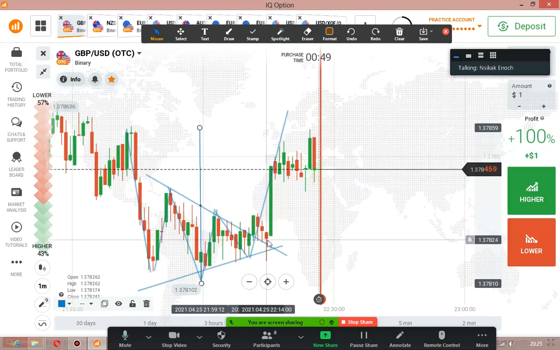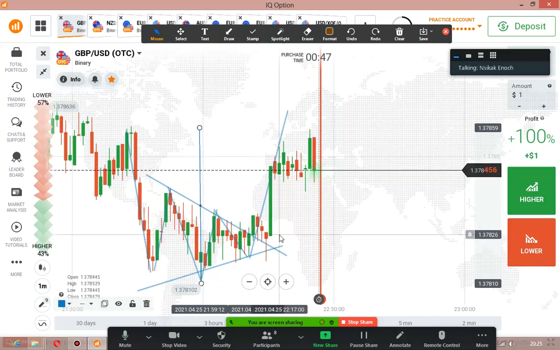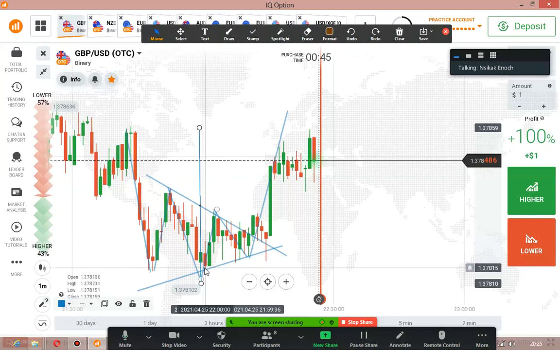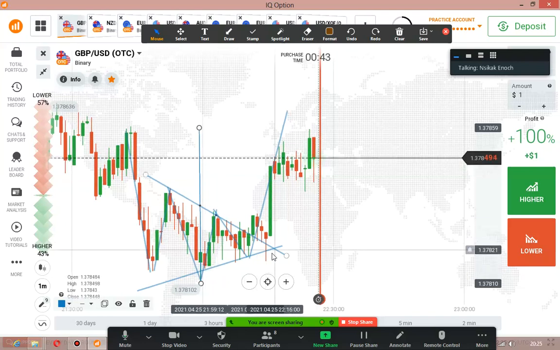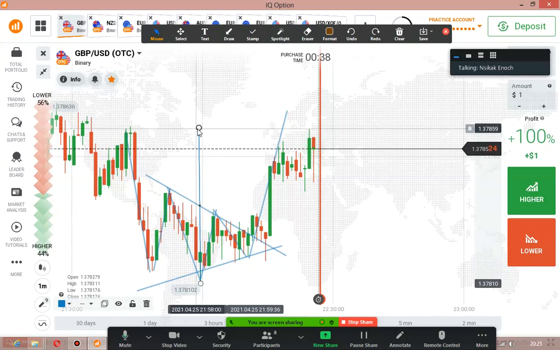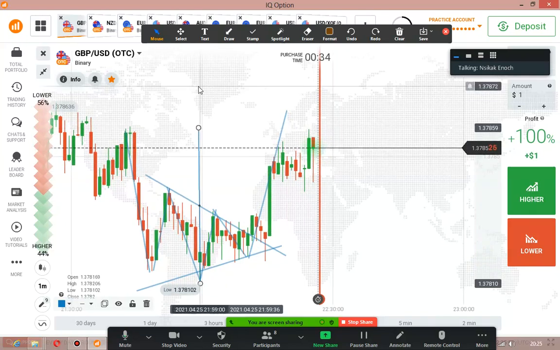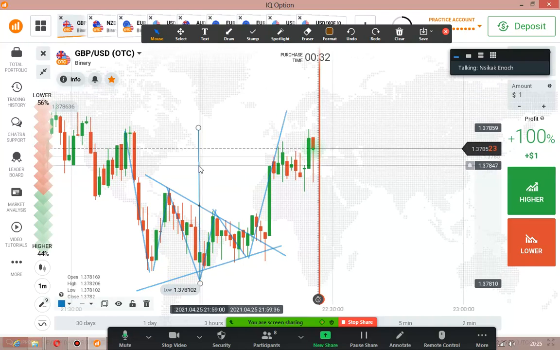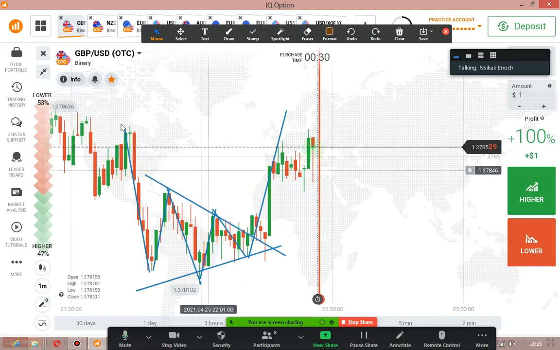After you see the confirmation here, you enter the trade. Your stop loss should be below this previous low, or below the wick. Then you enter a buy trade, and your take profit should be somewhere around here. I think it has already reached the take profit. So this is how you enter the trade using 5 minute expiry time.